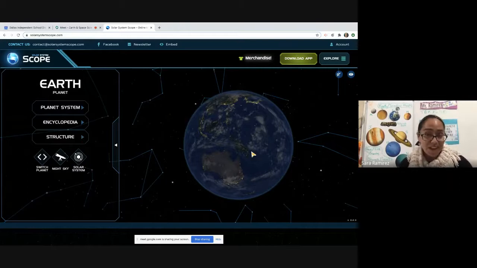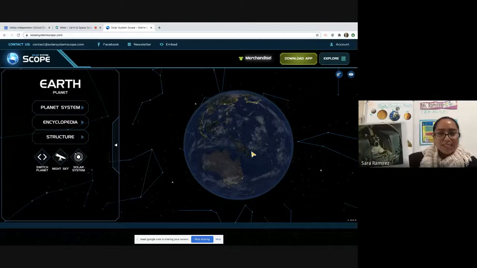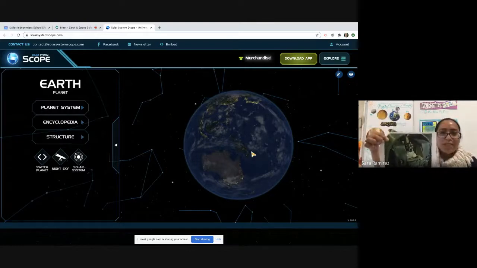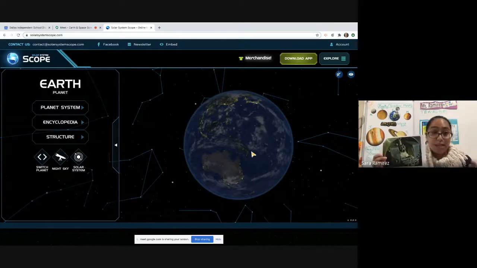And something that I found while I was doing some research: the first being to ever orbit Earth was a female terrier mix, and that was in 1957. And I'm trying to show you guys this picture. I don't know where my camera view is, but this was a cute little picture of the little terrier dog that they sent out into space in 1957. And this was the first being from Earth that actually was able to go out into space.